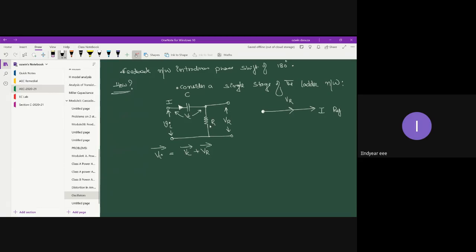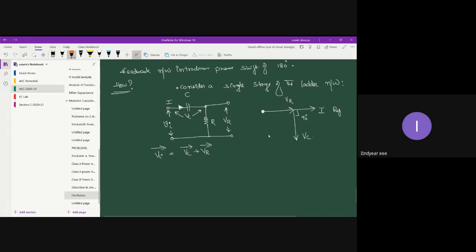And the capacitive voltage always leads the current by an angle of 90 degree.